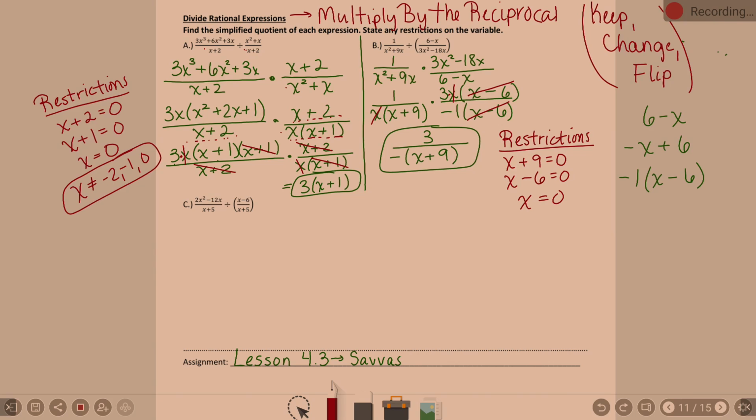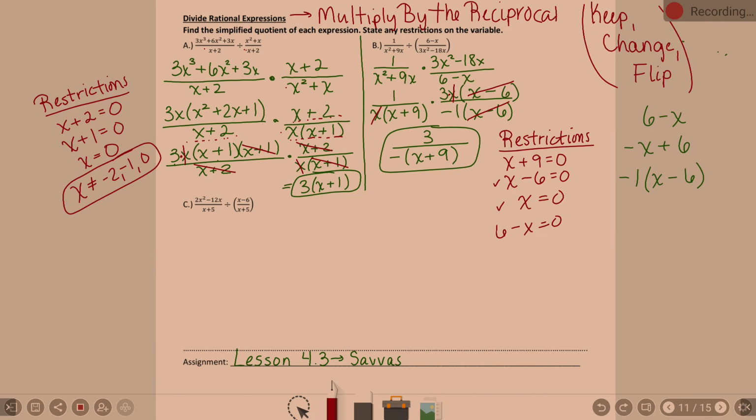Now this one, originally 3x squared minus 18x was in the denominator. Well, that's the 3x, which is x, right? So same as this one. X minus 6, which is what I already have here. 6 minus x: you could set 6 minus x equal to 0, but here's the deal.